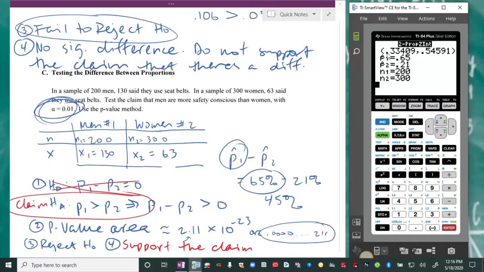And I end up with these differences between 0.33 and 0.54. 0 is not in there, so I'm not expecting, remember I crossed that out, so I'm not expecting a difference of 0, and it doesn't live in my 99% confidence interval either. So we see that the confidence interval also supports the work that we did.